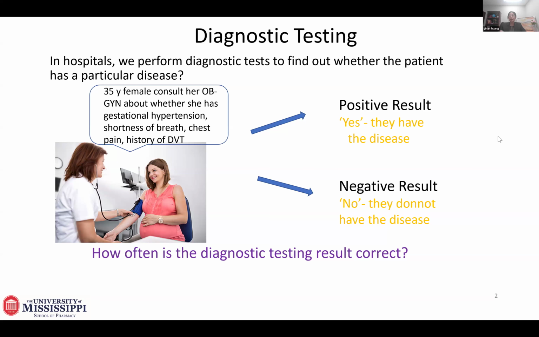No, it means the patient does not have the disease. But really, in terms of answering whether the patient has or has not the disease, it's also determined by how accurate, how good the diagnostic testing results can be.